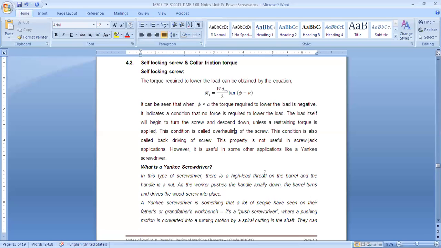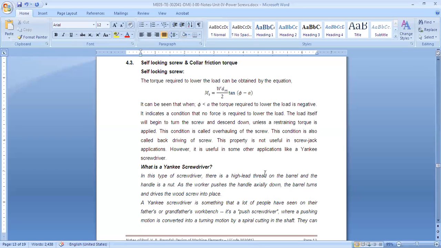When is that possible? When phi is equal to alpha. So when phi is equal to alpha, that time it will be tan zero, and that time torque is zero. That means torque required is zero: without putting any torque in, you can lower the load. Are you getting my point?